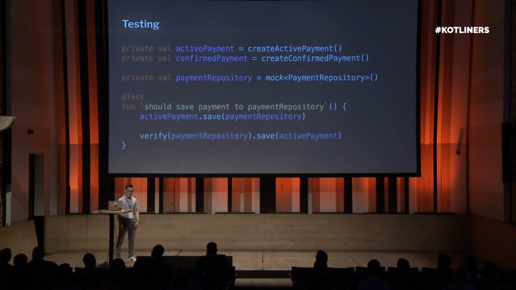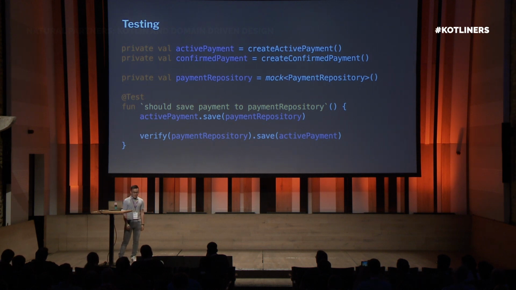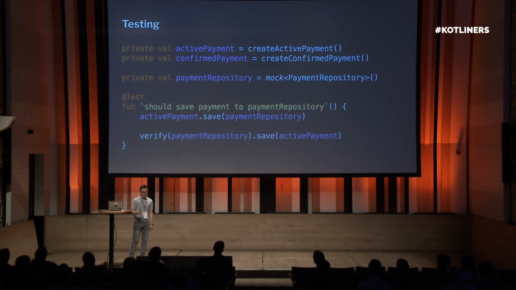Now, a couple of words about testing. I'm going to cover only unit testing, because I cannot speak forever. But actually, testing is also pretty simple if you take the right approach with domain-driven design. Basically, we create some active payment, confirmed payment, and mock the payment repository.